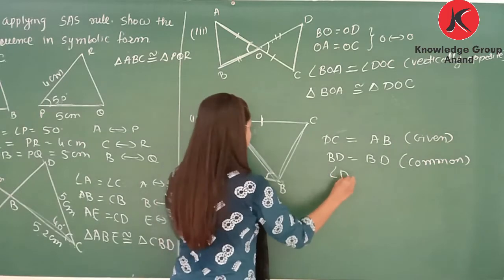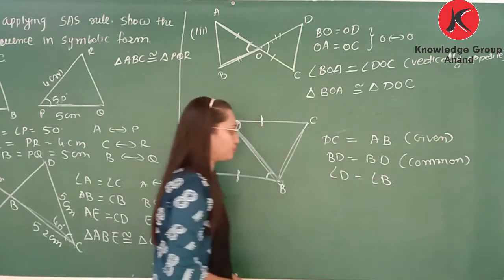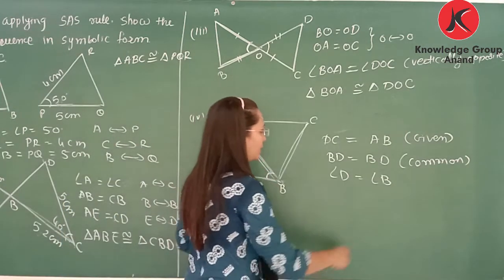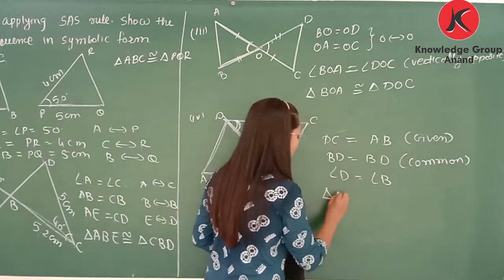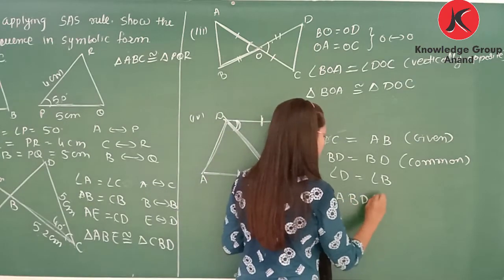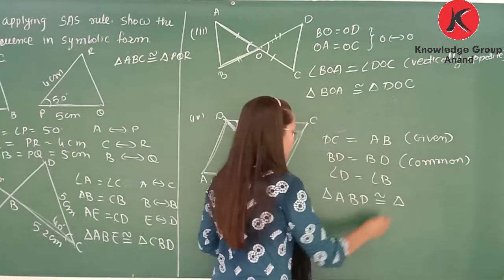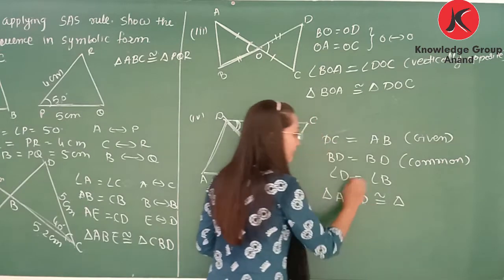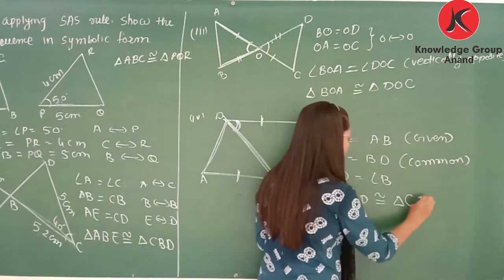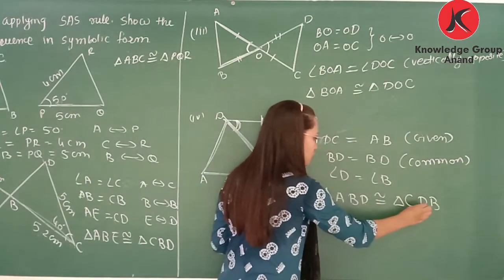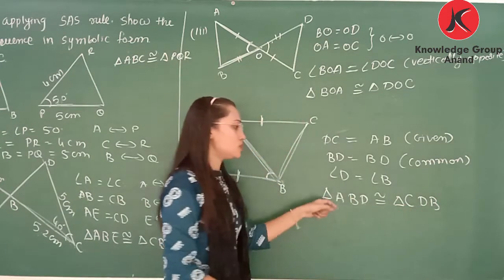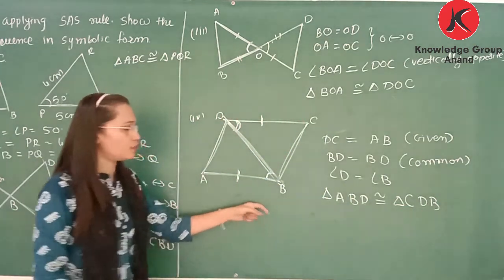Now angle D is equal to angle B. So we can write triangle ABD is congruent to triangle. Now here, since D corresponds to B, you need to write CDB. B corresponds to D, D corresponds to B, and A corresponds to C. So this is the symbolic representation.